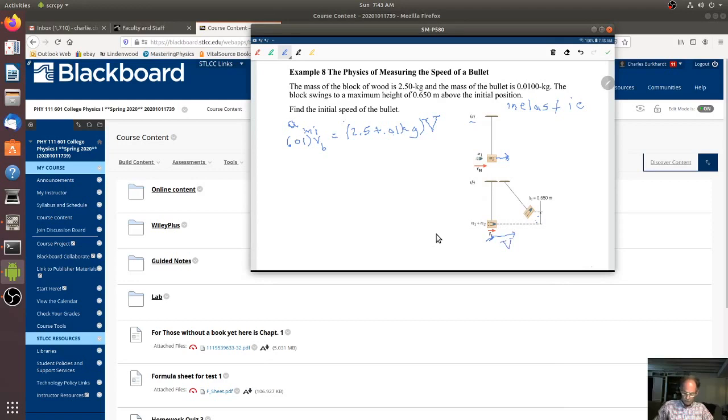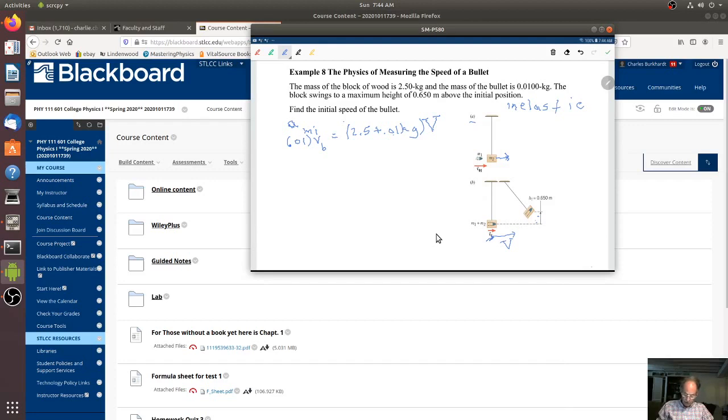And in this part, there's an external force of gravity, so momentum is not conserved in the second part. So it's kind of interesting. In the first part of the problem, momentum is conserved, but kinetic energy isn't. In the second part of the problem, momentum is not conserved, but the kinetic plus potential energy is conserved.